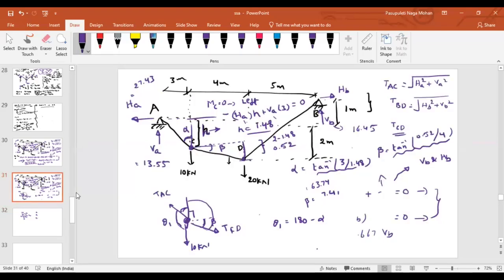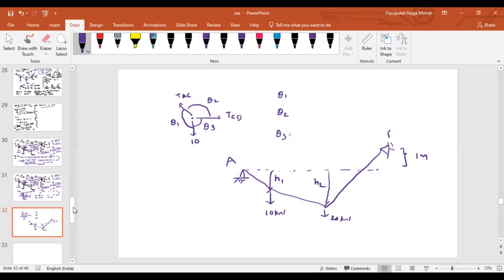From here to here, that is nothing but alpha plus 90 degrees plus beta. And what about theta 3? That is nothing but 90 minus beta. Now you know TAC also. Only one unknown, TCD, you can find out, that's it. The job is done.